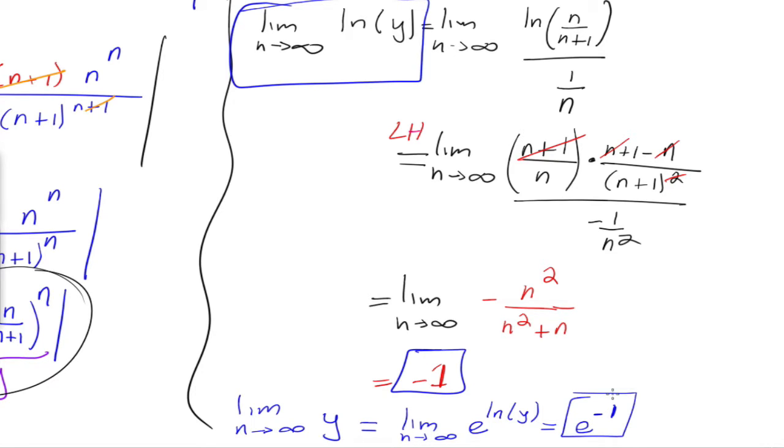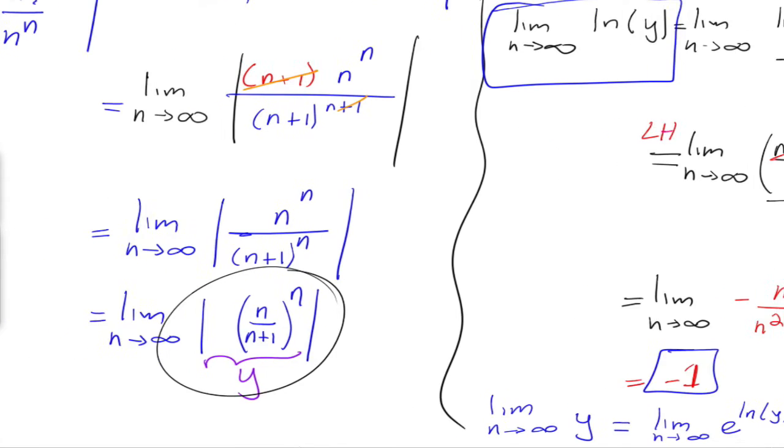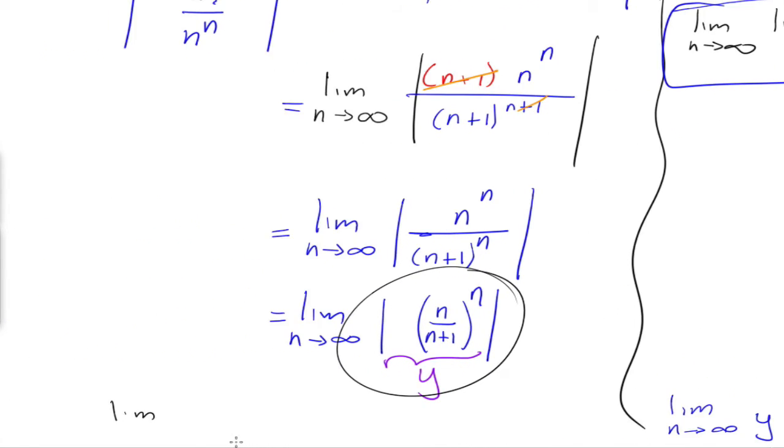Now there was an easier way. Let's see if you guys recognize it. So let's go back here to this one. It is something that you should all know, so I guess it's good to point it out.